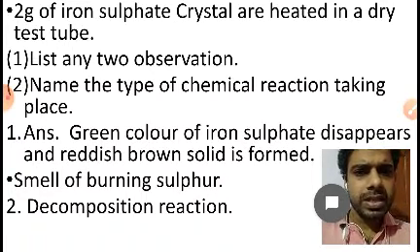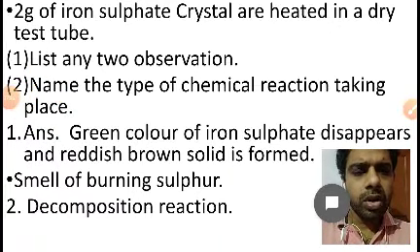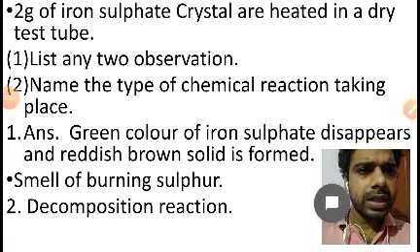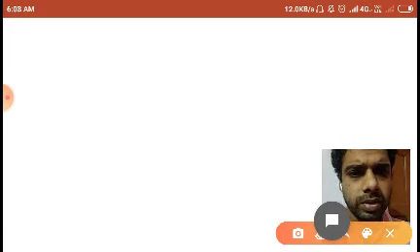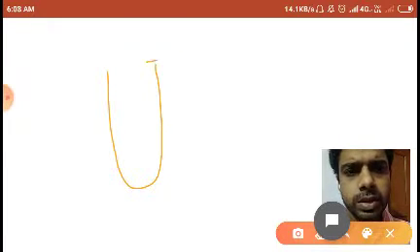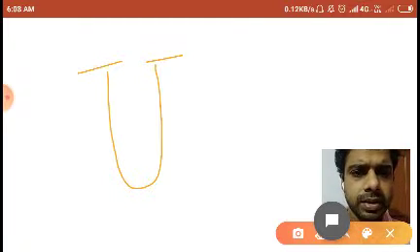Okay, now you can see here, 2 gram of iron sulfate crystal I will take directly in a dry test tube, and I will show you some of the observations. Dear student, please look at this. This is a dry test tube. No water is there.